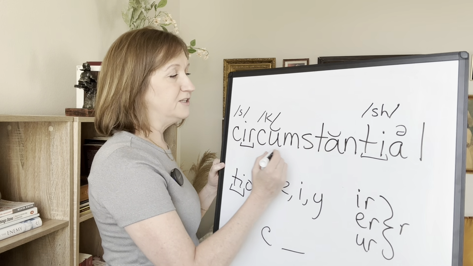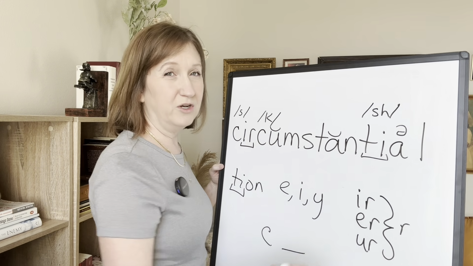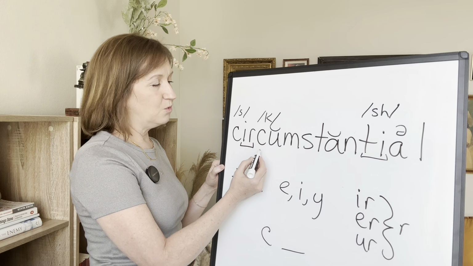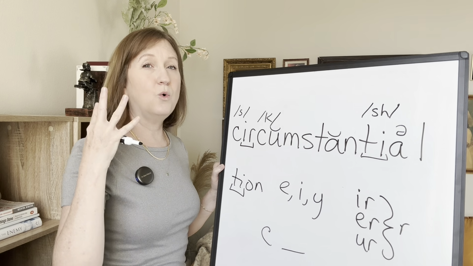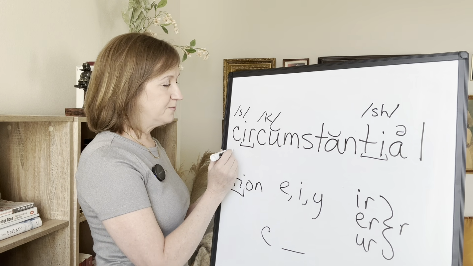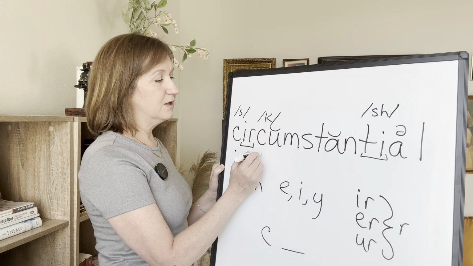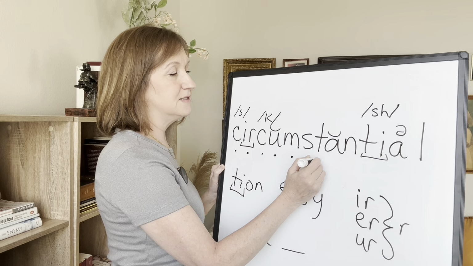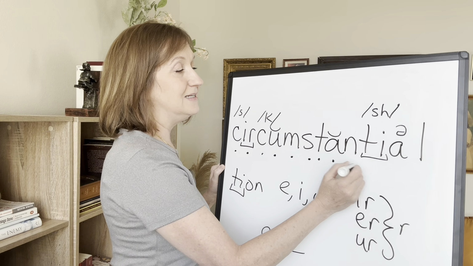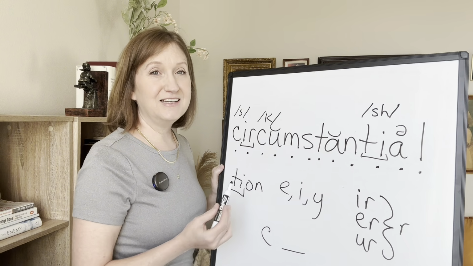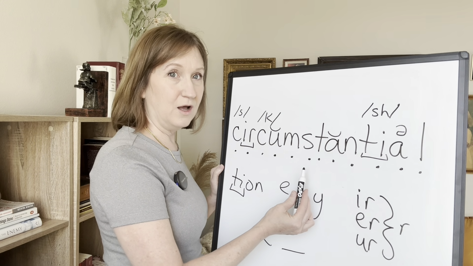So now that we understand what is happening inside this word, we're going to do what I call pencil reading, which is you identify each sound with a dot. This gets everything all organized and in the right order in your mind. It looks like this. S, R, K, uh, M, S, T, A, N, Sh, uh, L. And then you connect the dots all in one breath.